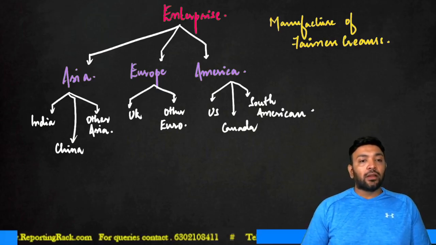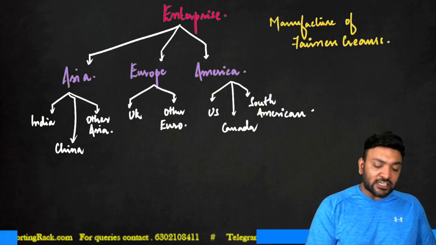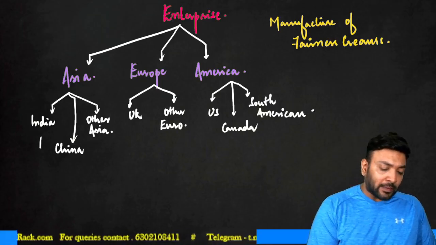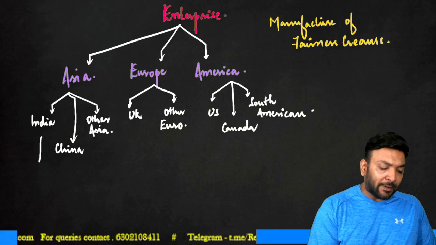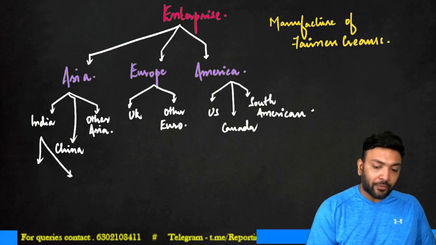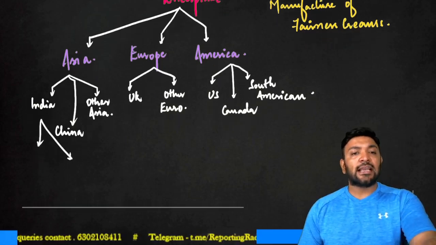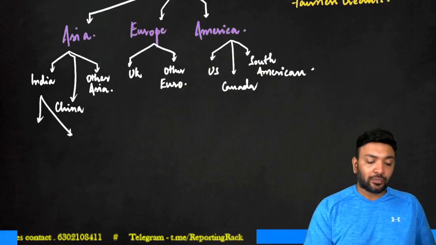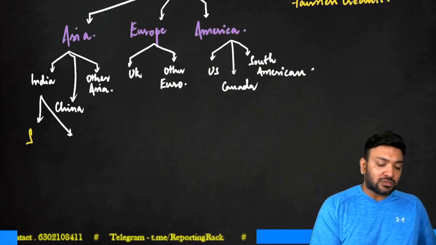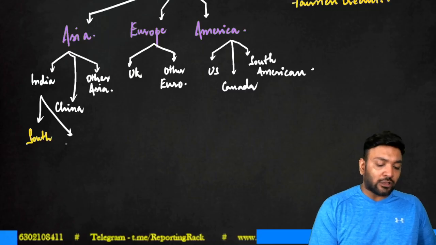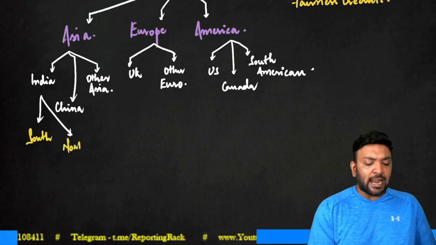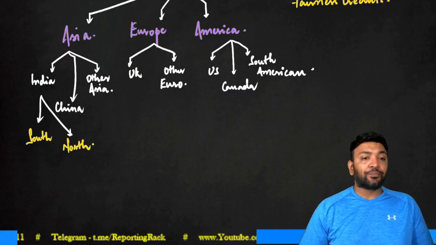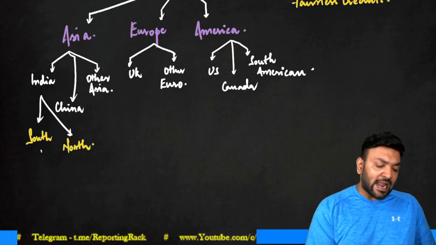Now, under Indian operations, again, I have multiple places. So let's say I have South and North. Like this, I had multiple places in each state. Under South, let's say I had again 2.